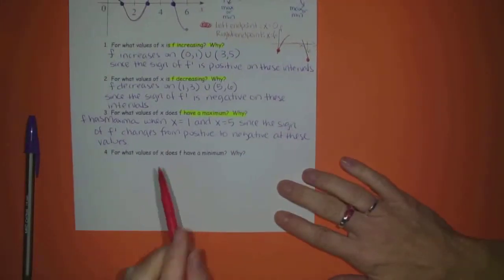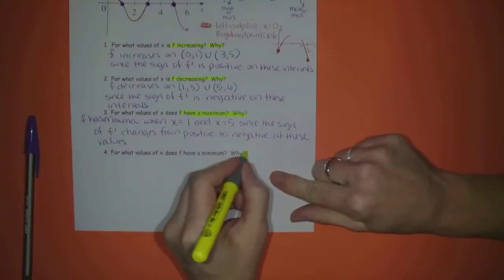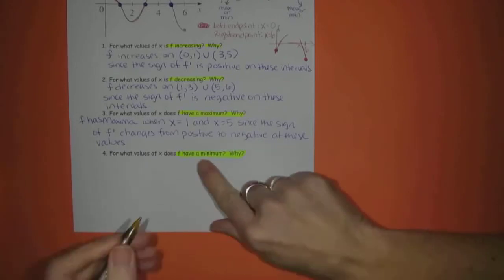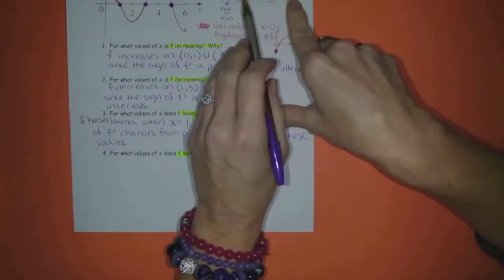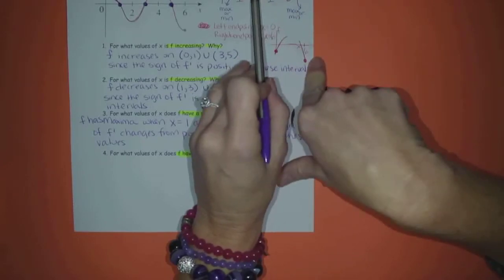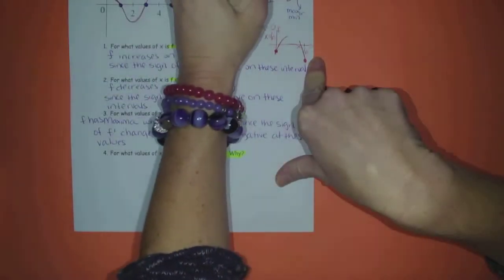But the next question is going to pick them up, because the next question asks, where does f have a minimum in y? Okay. Well, let's state the obvious first. On the interior of the domain, you can see that at 3, the slopes change from negative to positive, decreasing to increasing. So we do have a minimum there.